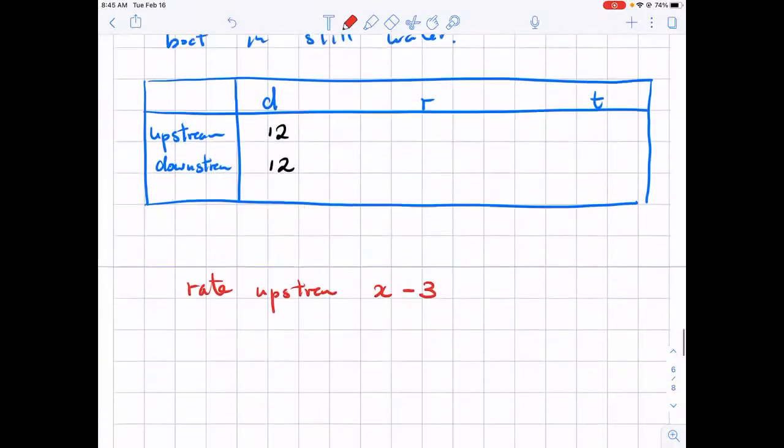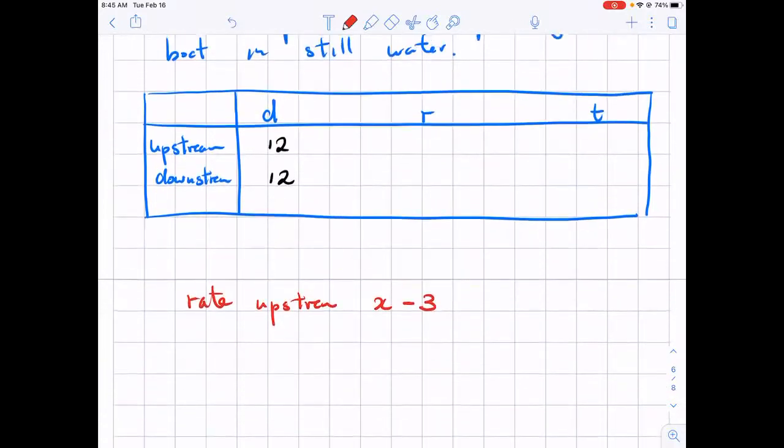So for upstream, we subtract, and for downstream, the rate downstream will be x plus 3. Okay, so we can fill that in our table, x minus 3 and x plus 3.